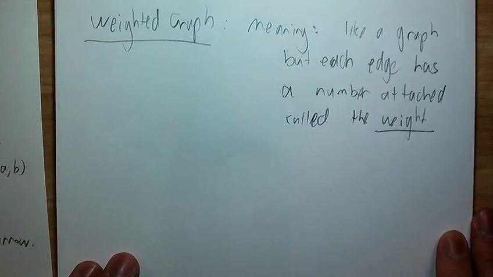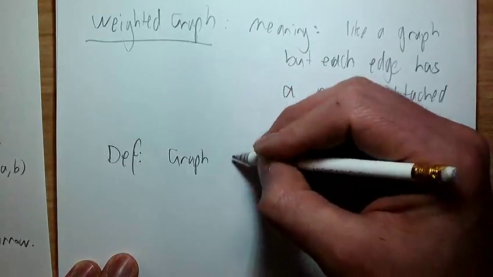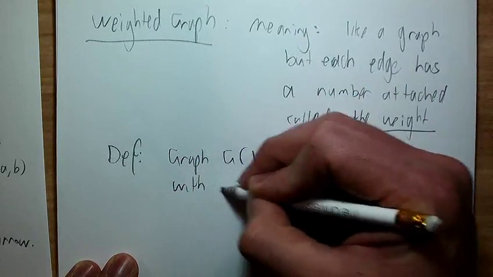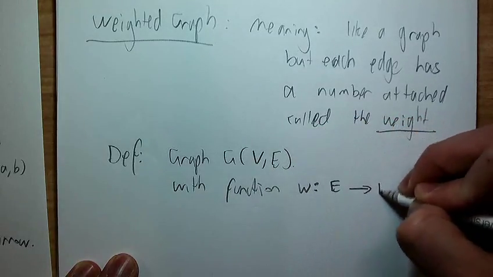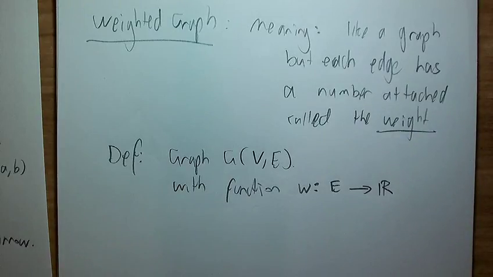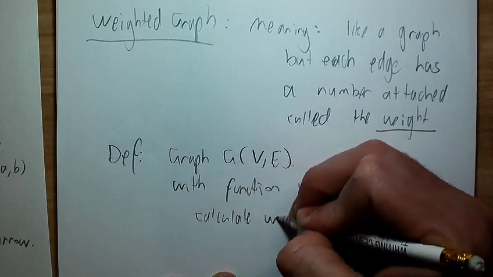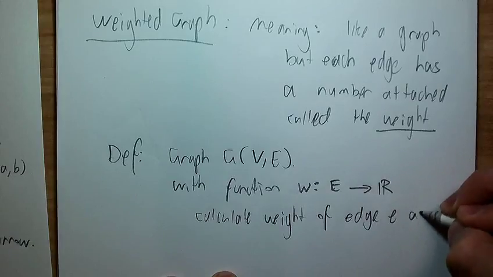The definition is that you have a graph G = (V, E) with a function weight which sends the edges to the real numbers. Basically that means that for every edge, there's a formula or a table somewhere which tells you what number is attached to it. We write the weight of edge E as w(E).